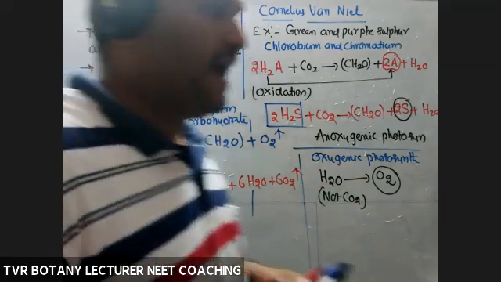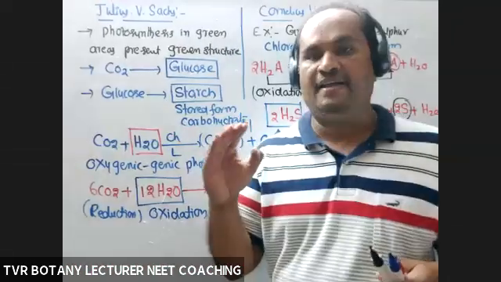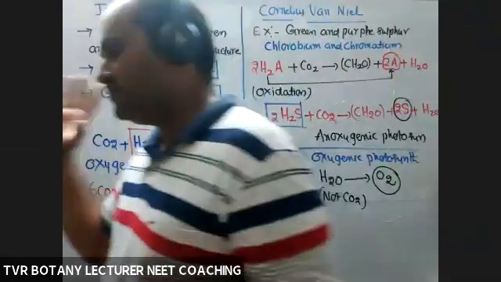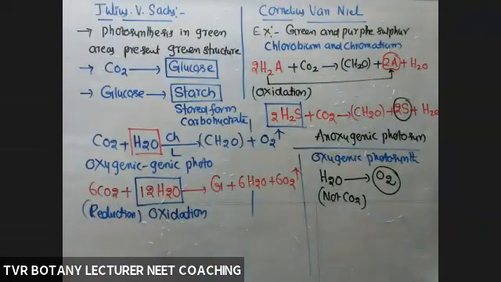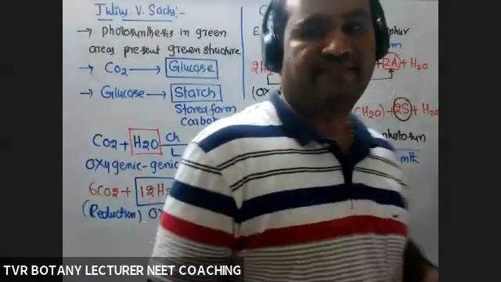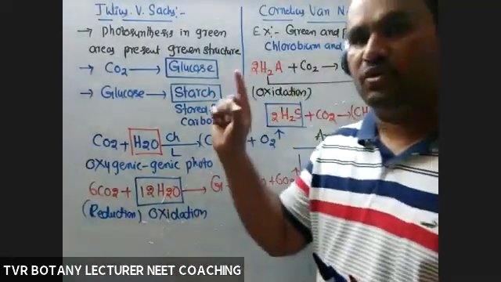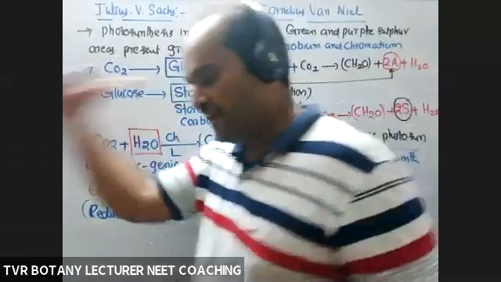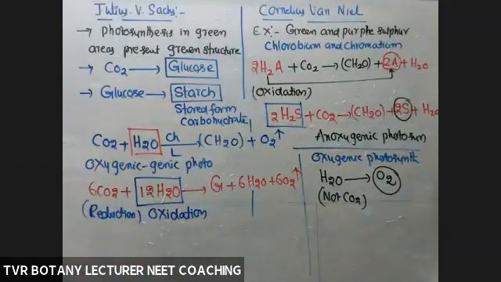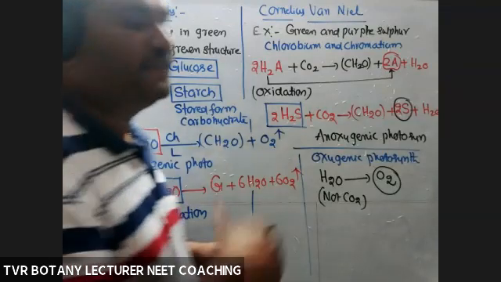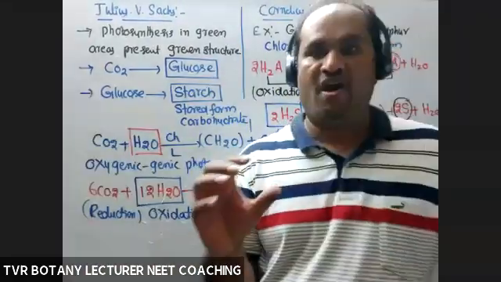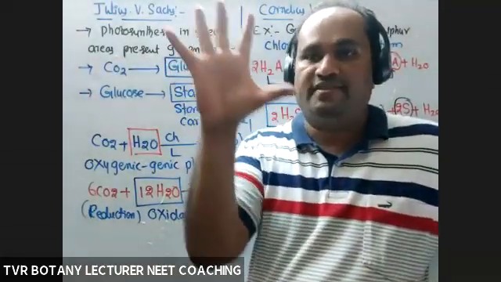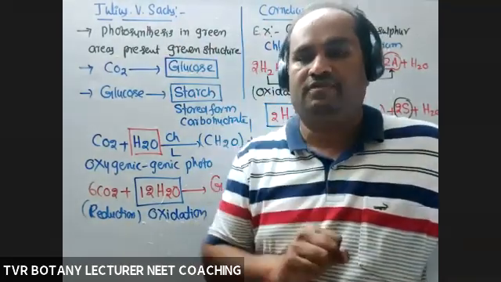Before Cornelius van Niel, in the so-called mechanism understanding of photosynthesis, most of the scientists believed that the oxygen is coming from CO2, not from the H2O. But according to Cornelius van Niel, O2 is coming from H2O only, not from the CO2.